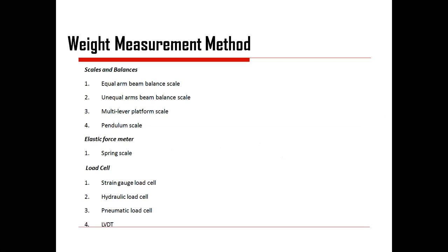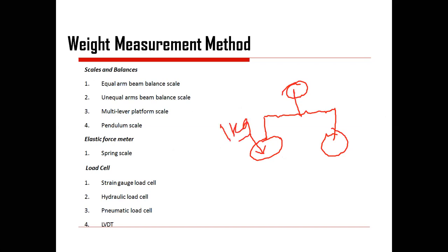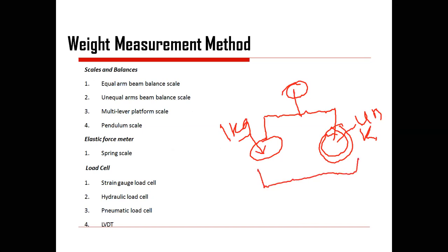Weight measurement. What is weight measurement? You have seen it many times, as many of you are from a pharmaceutical background. So I would like to show you this type of weight measuring instrument we have, and this is the handle. If you apply a standard weight of 1 kg at this particular place and an unknown weight on this particular disc, when it gets balanced, you say that this weight and this weight are equal.